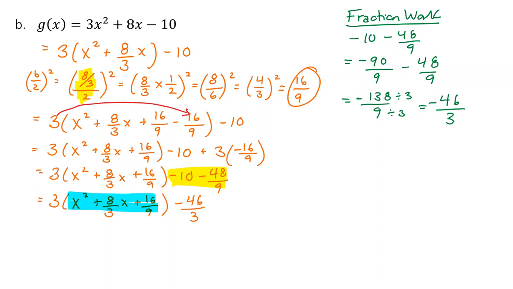What was left in our brackets when we squared that, and that would be, oh, sorry, that would be 4/3. Okay, and it's positive at that point. So what's going to be left? 3x plus 4/3 squared minus 46/3, and therefore you've completed the square.